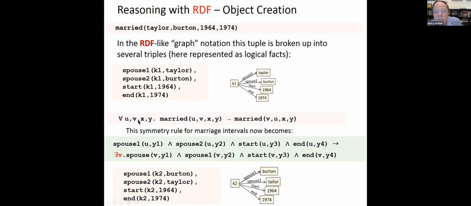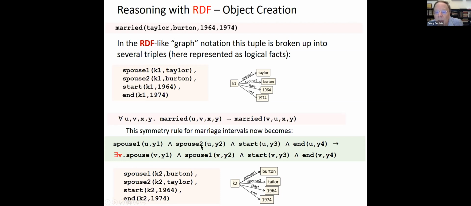And then how would our rule translate? For all U, V, X, Y: married(U,V,X,Y) implies married(V,U,X,Y). How does this rule translate? Well, this is the symmetry rule for marriage intervals, and it now becomes a little bit more complicated, but we can do it, because we have to construct a new construction with a new key. And the new key can now be constructed with an existential variable.